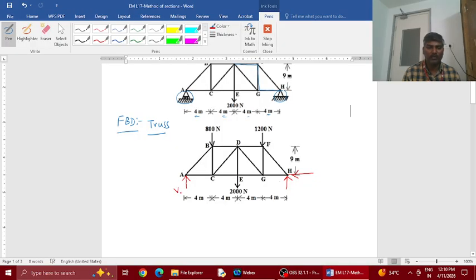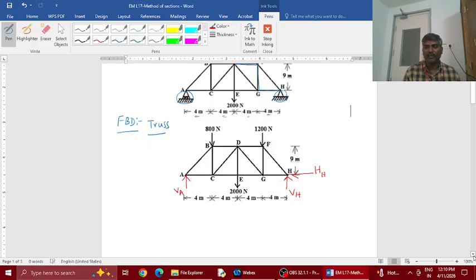It's your choice to have any name for this, like R1, R2, R3, or vertical at A, vertical at H, horizontal at H. Yeah, so this is what we named, right? So we need now these three unknown reactions to solve.